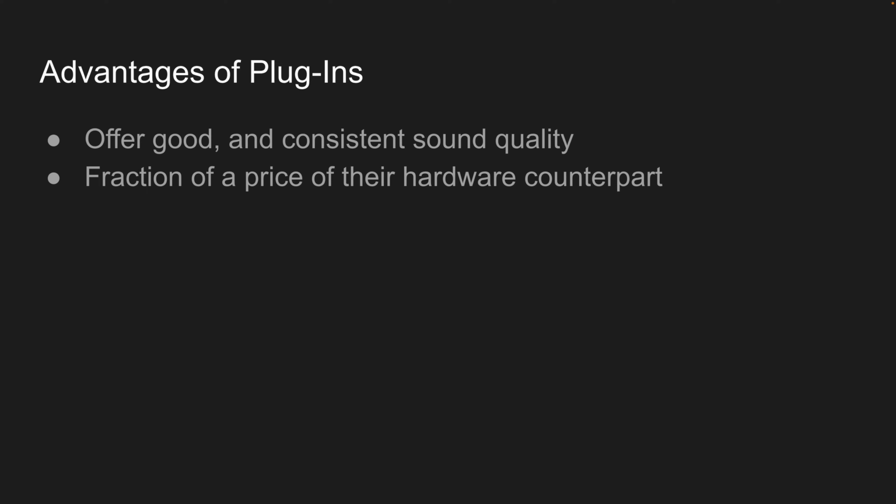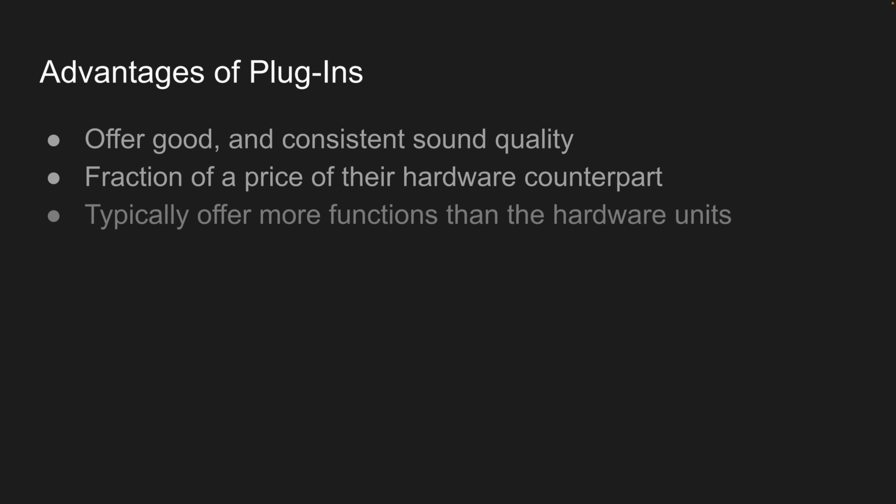So even the lowest cost hardware unit is going to cost about 10 times more than your plug-in unit. So that's probably the biggest advantage. Another thing is they typically offer more functions than the hardware units.